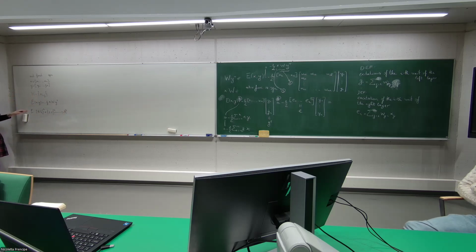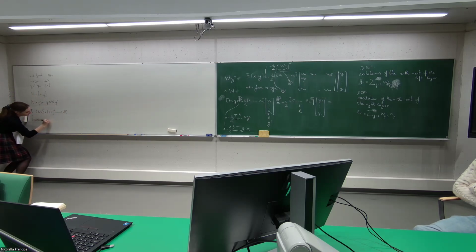It's linear in the variables: if I put a linear combination in x, it behaves well, and a linear combination in y, it behaves well. And whatever the state is, it spits out a scalar.